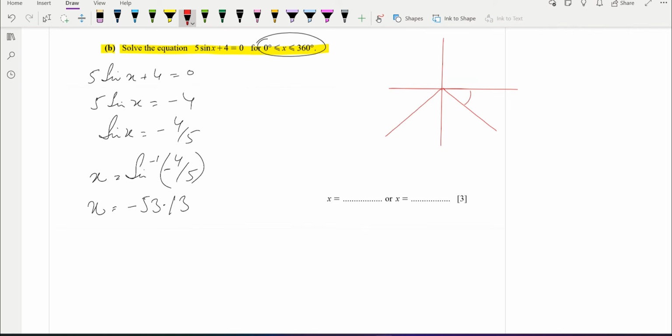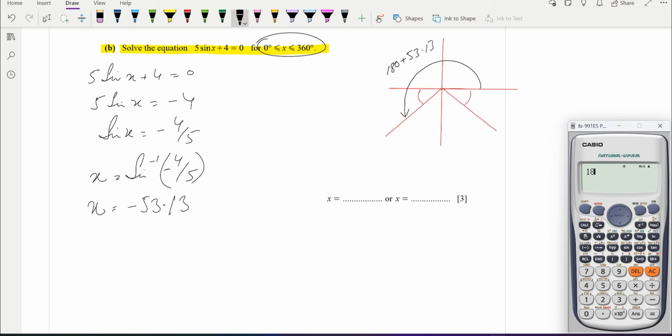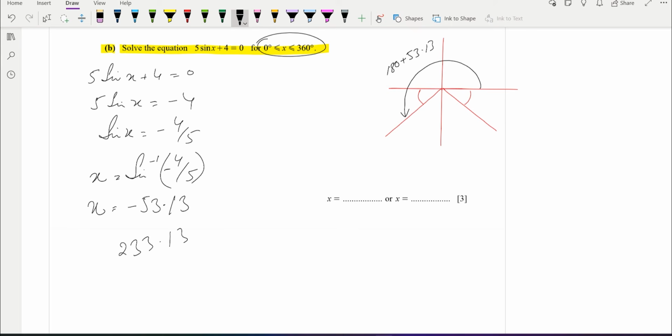So this angle and this angle: one angle we can take is from here till this one, so it will be 180 plus 53.13, which is equal to 233.13, approximately 233 degrees.